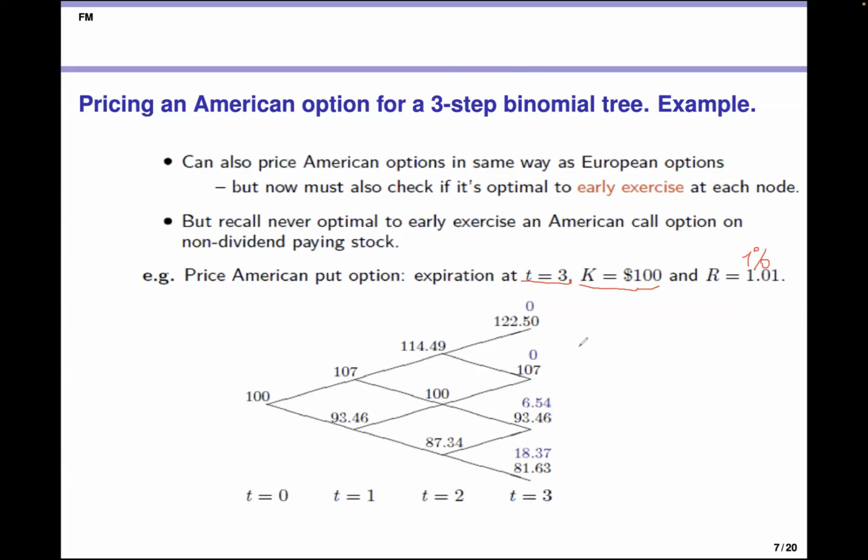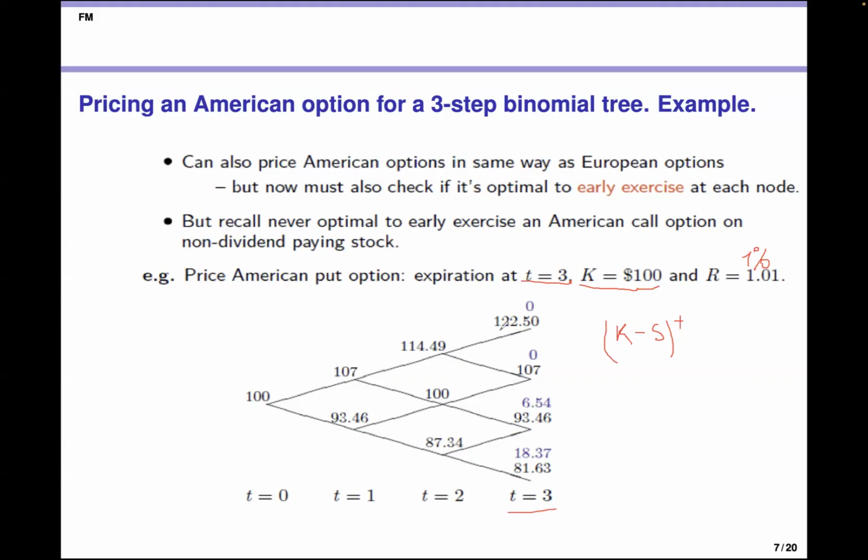The first step for evaluating the American option price is the payoff function at time equals 3. We just apply the formula that this payoff function equals K minus S with plus. With plus means that if it's positive, we write it. If it's negative, we write 0.